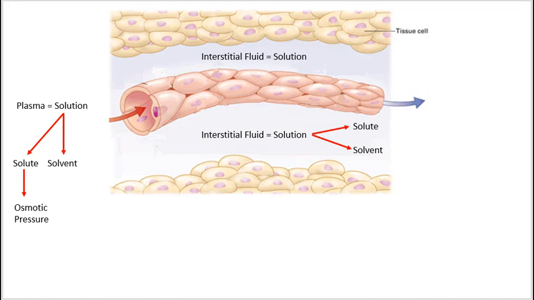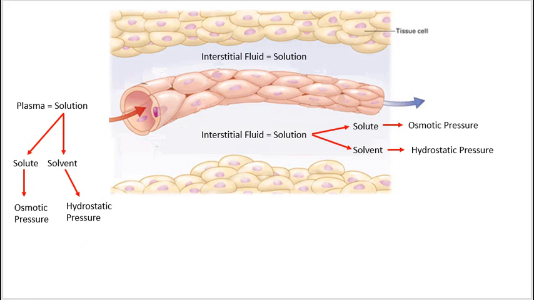For instance, electrolytes are solutes, glucose is a solute, and amino acids in the plasma are solutes. Anything that's dissolved in the plasma is a solute. What is solvent? Solvent is usually water, the majority of the time. When we speak about the human body, it's water, but in chemistry it could be something else.